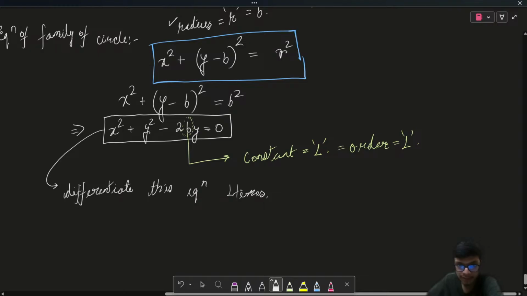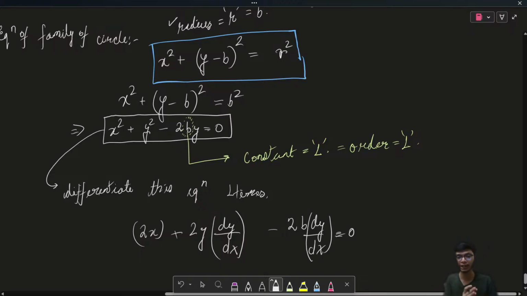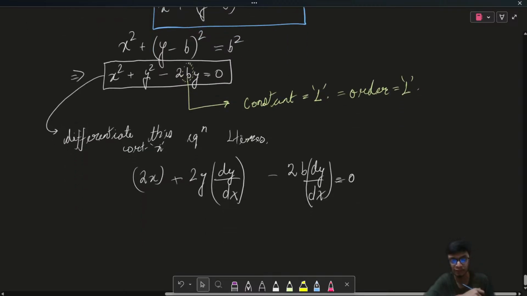The differentiation of x square is going to be 2x, plus 2y dy by dx, minus 2 times b dy by dx, is equal to 0, right? So this is what I am going to get if I differentiate this equation one time with respect to x. Please note I am differentiating with respect to x.